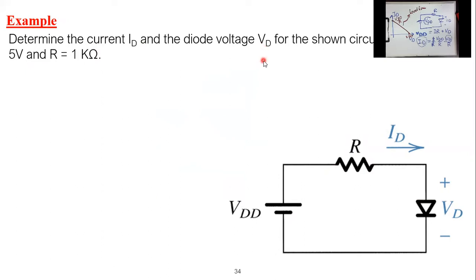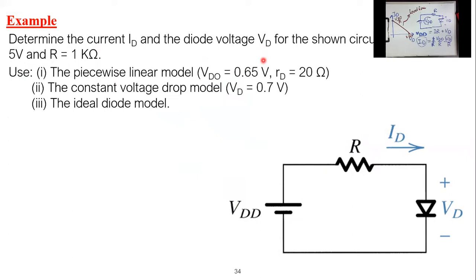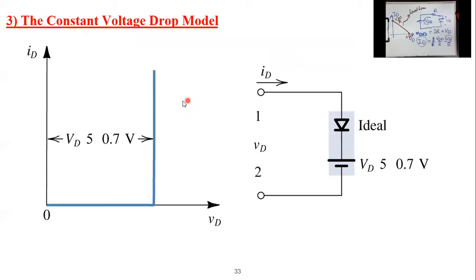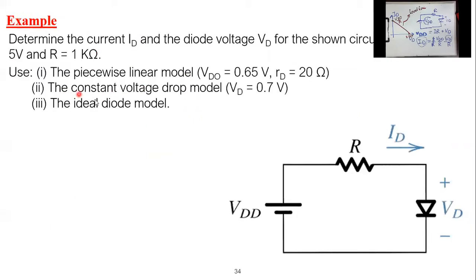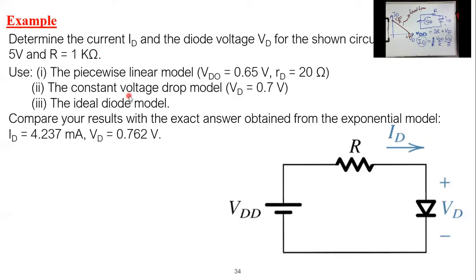But I told you, please solve this example 3 times. First time using a piecewise linear model. And the second time using a constant voltage drop model, which is the second one. And the third time using an ideal model.